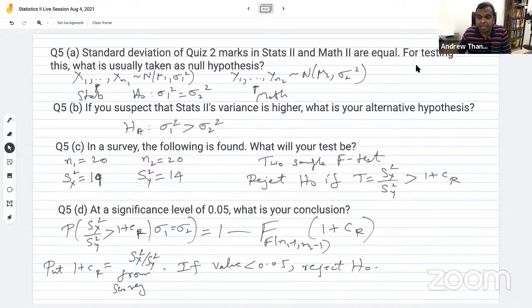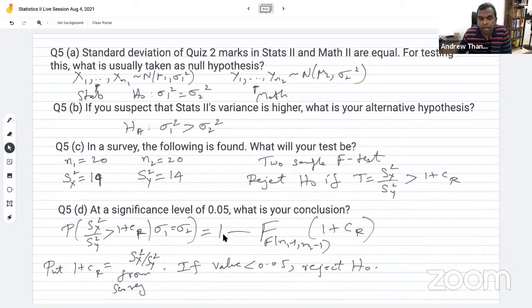The test statistic here is the ratio of the two sample variances, and you will reject H naught if it's too high, greater than 1 plus CR. Sx squared by Sy squared has this F distribution when the variances are equal, with n1 minus 1 and n2 minus 1 degrees of freedom.